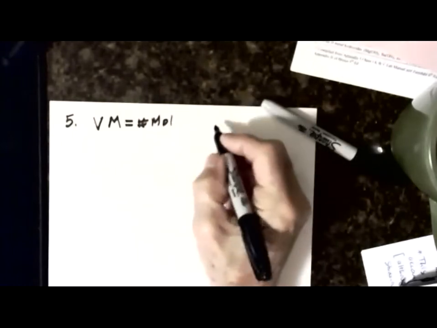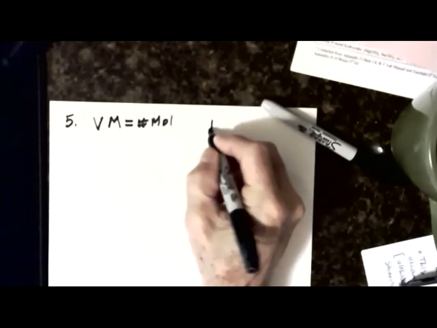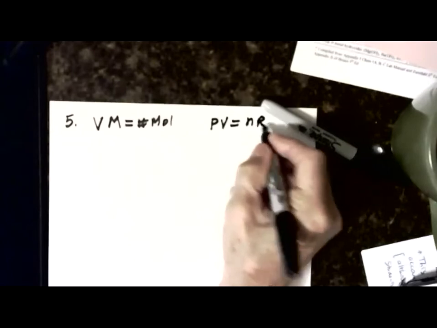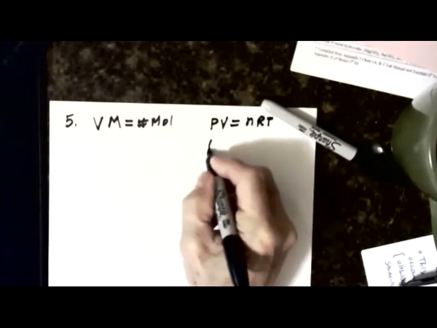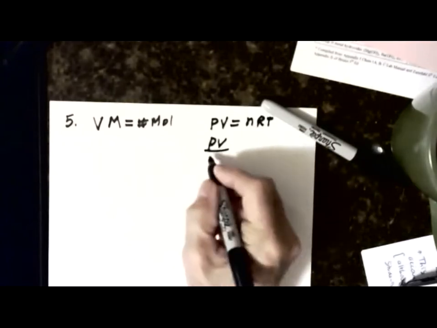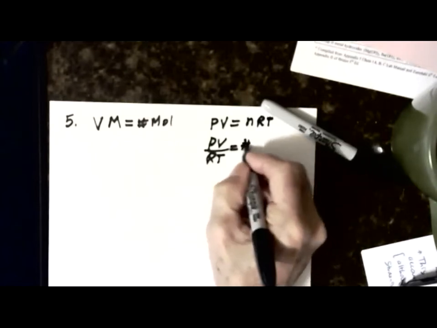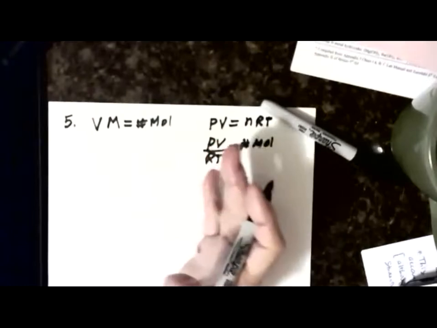When we're doing ideal gases, PV is equal to nRT. So PV divided by R and T will equal number of moles. And the balanced equation is always a statement in number of moles.